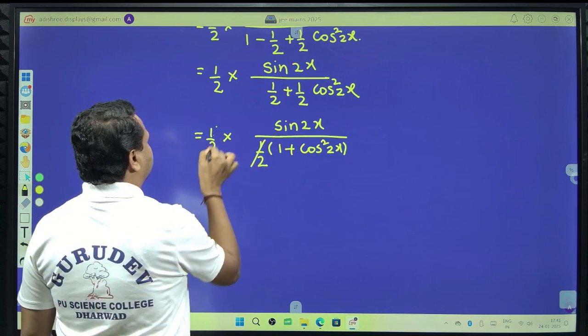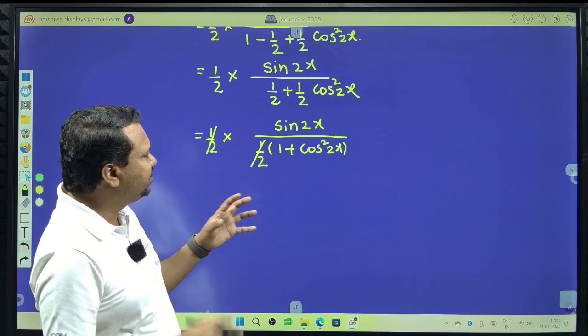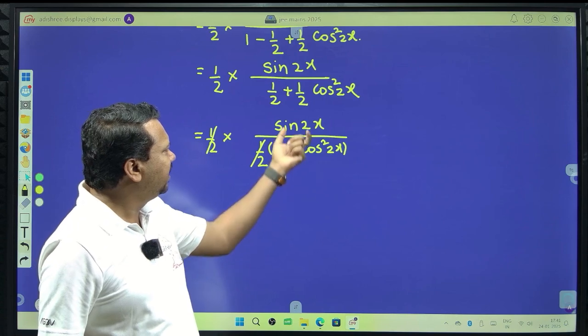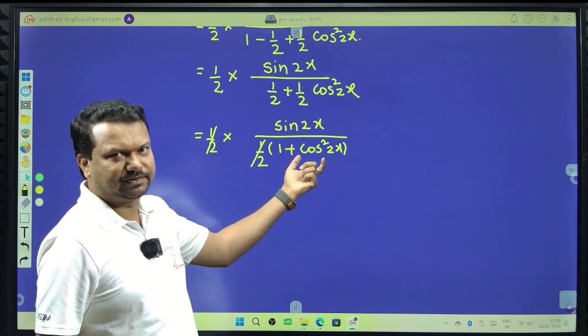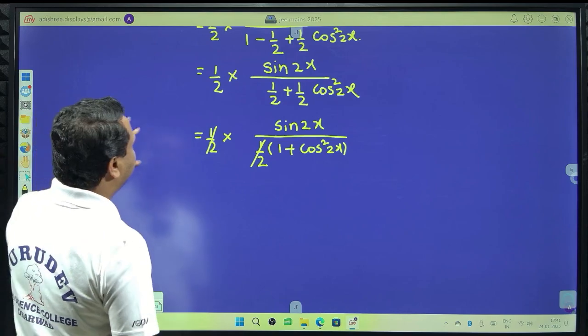If you want, you can cancel it, no worries. Now this is the simplified function which you are going to substitute in the integration. See that you got it in the form of f dash of x divided by f of x, something like that.